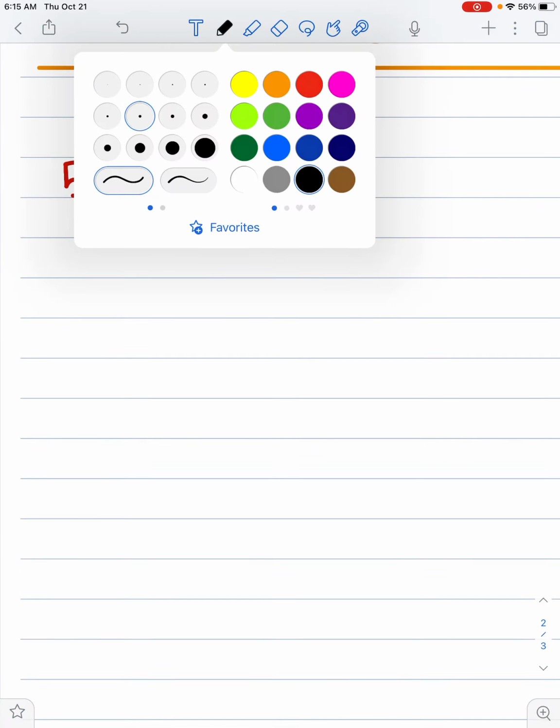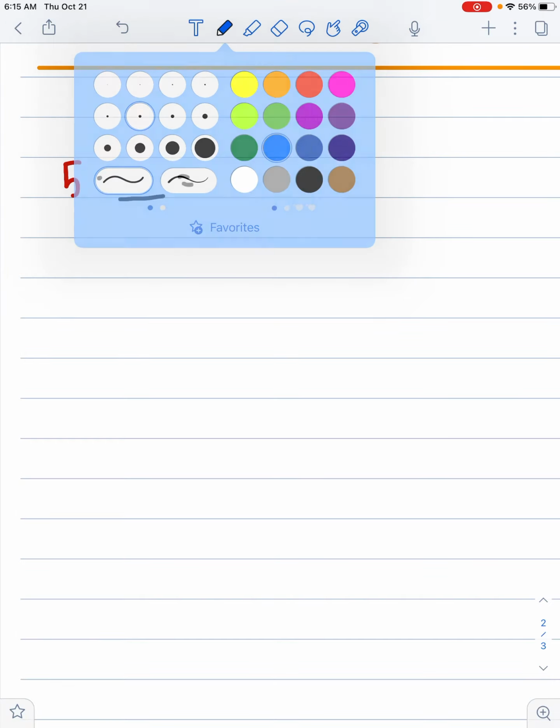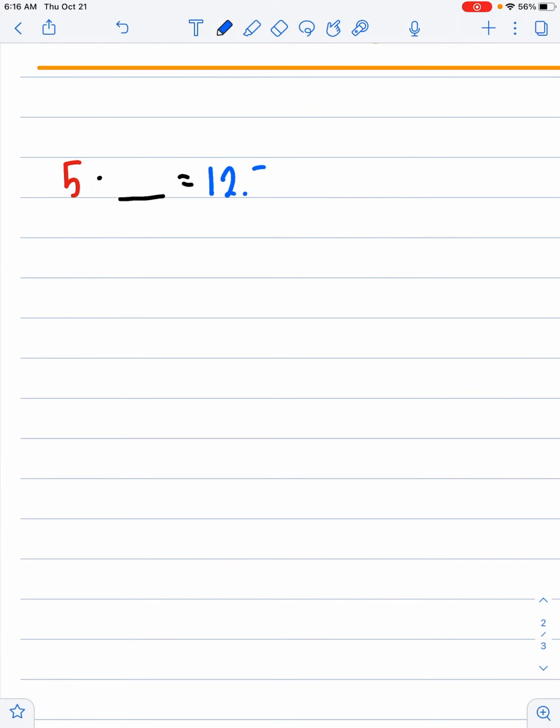And we reviewed how when you have a number, let's say 5, times a mystery number, and you know the product, like let's say the product is 12.5, we can divide the product, which is 12.5, divided by 5, and that will tell us what the missing factor is. In this case, it's 2.5, and I can test that out because 5 times 2.5 does in fact equal 12.5, and so I know that I found the correct missing factor, right?